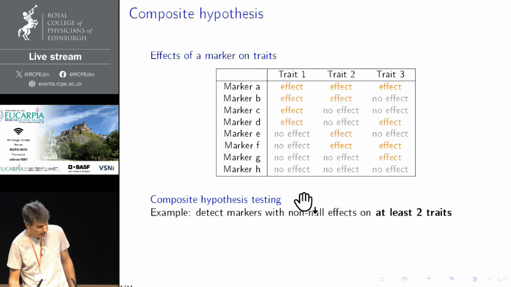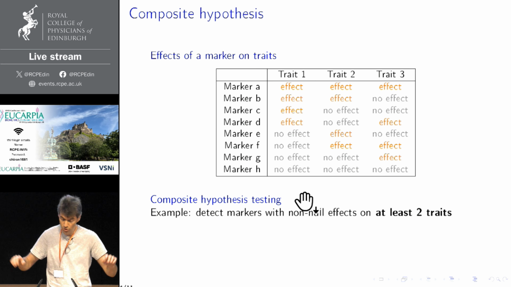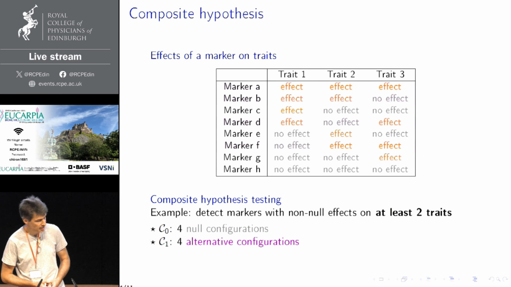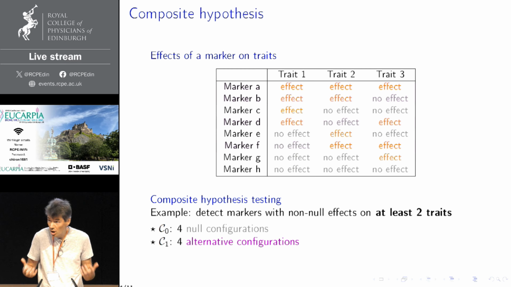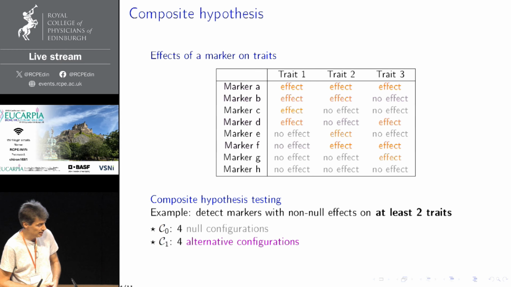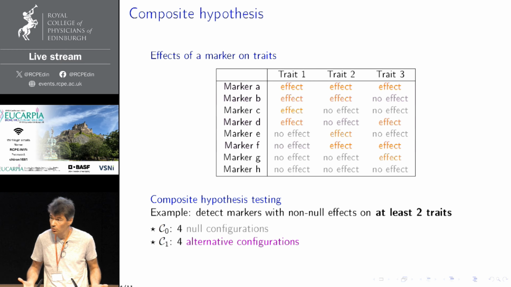So by just scanning the list, you can split the list into 2 subsets. The first subset, that I will call C0, corresponds to the null configurations, the configurations we are not interested in because we don't have enough effects, and the C1 subset gathers all the alternative configurations, the ones we are interested in, right?